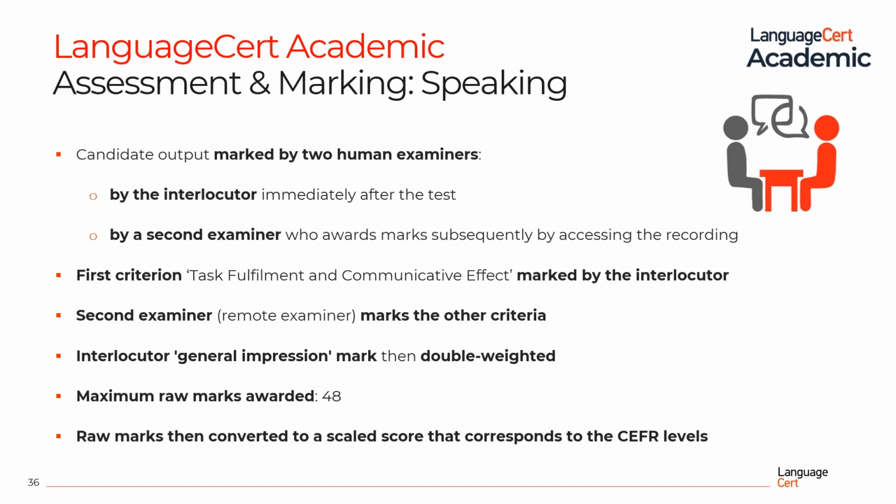By the way, remember that all candidates are recorded on their speaking test day. The first criterion, task fulfillment and communicative effect, is marked by the interlocutor only, while the second examiner, or remote examiner, marks the other 4 criteria. The interlocutor's general impression mark is double weighted, so the maximum raw marks that can be awarded is 48.